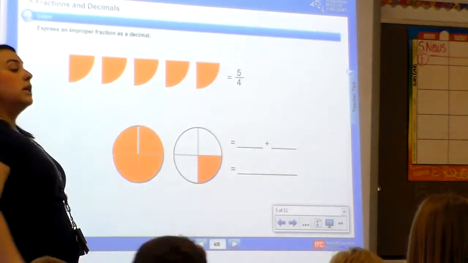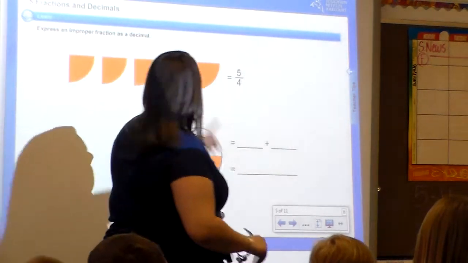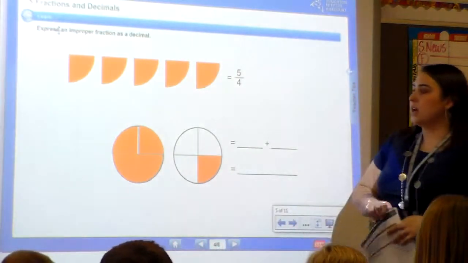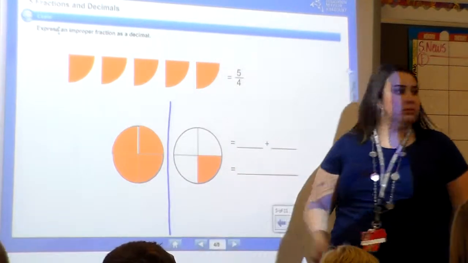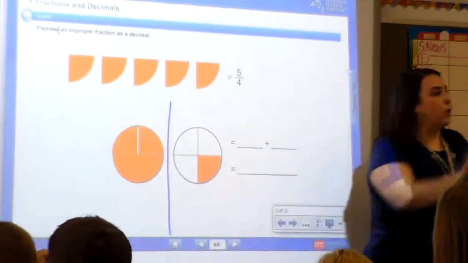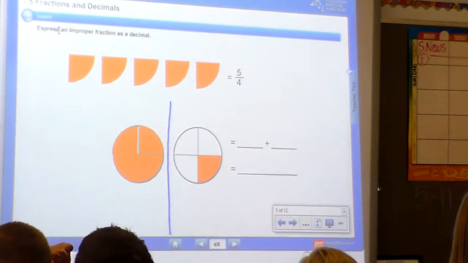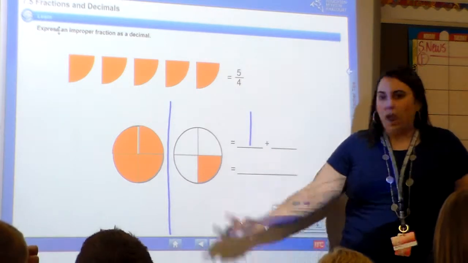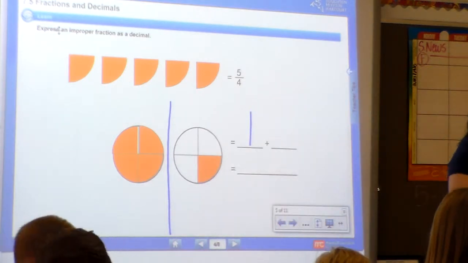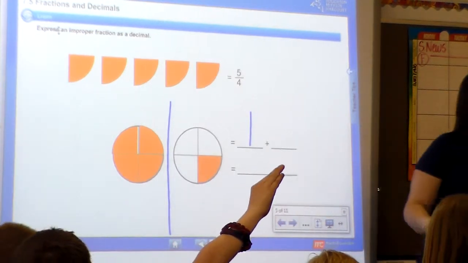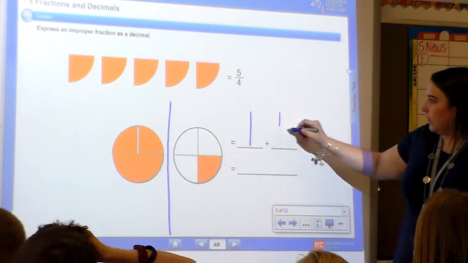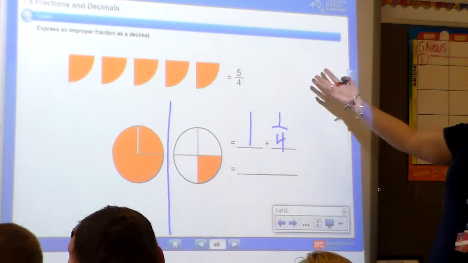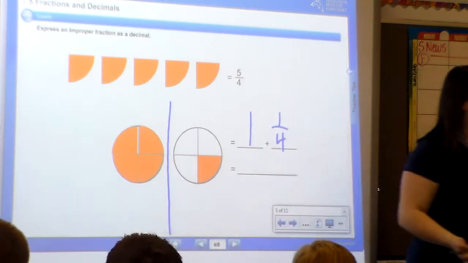Here's how we convert improper fractions into decimals. We look at it as separate. What is this 4/4 equivalent to? Everyone? 1 whole. And this 1/4 I can represent as a fraction, 1/4. Can we all agree? Yes. 5/4 is the same as 1 whole and 1/4.